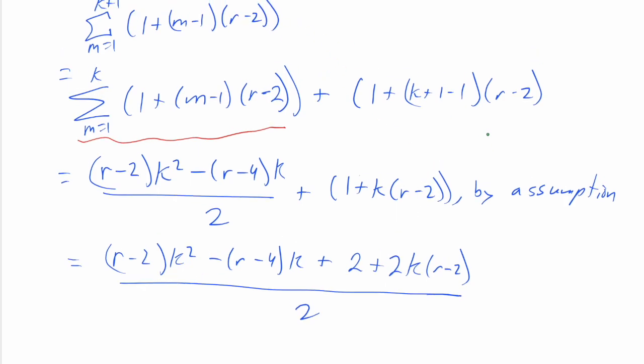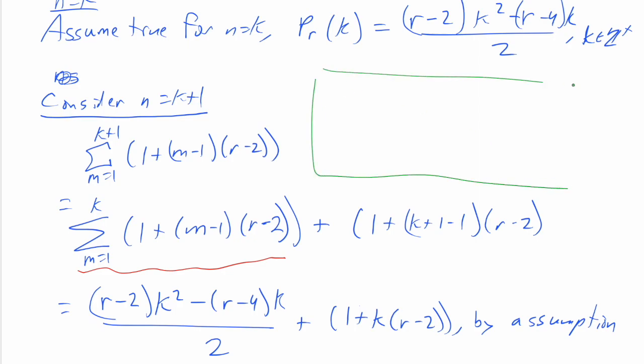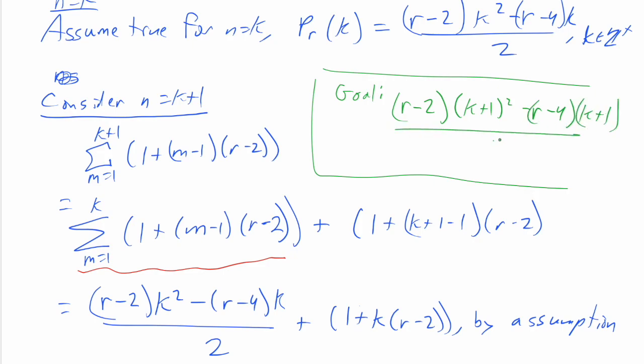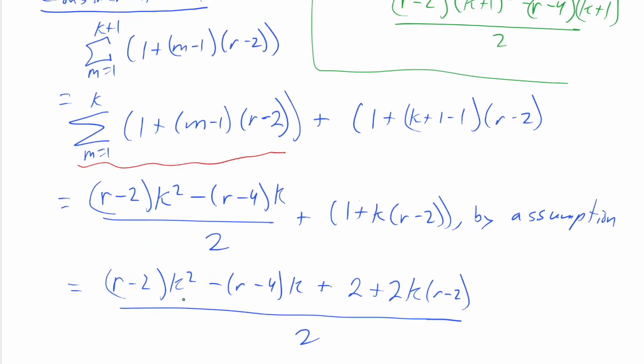So let's back up a second and consider our goal, which is not really part of the proof, but it's what we're working towards. We want this with a k plus 1. So what we want is r minus 2, k plus 1 squared minus r minus 4, k plus 1 over 2. That's what we're working towards. So let's try to make that happen, and let's look at what we have right now.